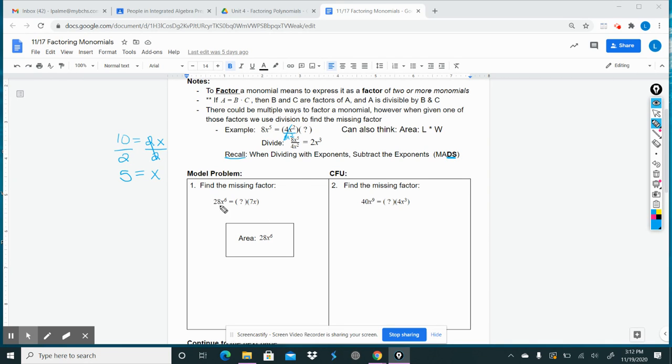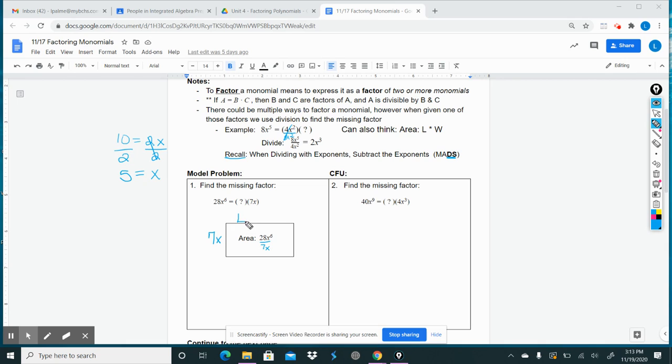To find the missing factor, for problem number 1 in our model problem, we have 28x to the sixth equals what factor times 7x. So our area is 28x to the sixth. One of our factors, our width, we can call 7x. We're going to take that 28x to the sixth and divide it by our 7x.